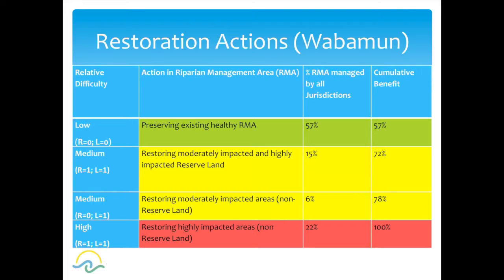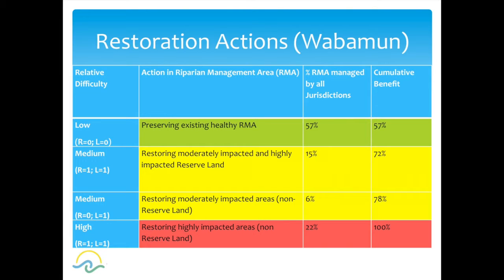Restoring moderately impacted and highly impacted areas on reserve lands accounts for 15% of the lake. That's jurisdiction that's owned by public property, so if you restore that, you've got another 15% of the lake covered. Restoring moderately impacted areas on private property: if somebody doesn't have a house on it, they just have some kind of vegetation growth, or they're mowing or something, you're asking them to put a stop to that.